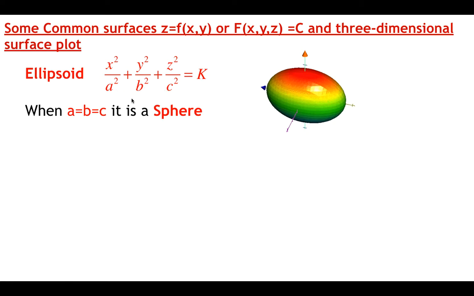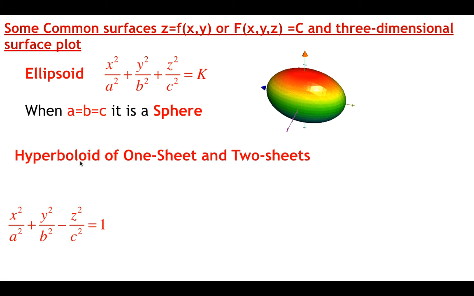The second is the hyperboloid of one sheet and two sheets. This is the hyperboloid of one sheet, which is x squared by a squared plus y squared by b squared minus z squared by c squared equal to 1. One of the variable coefficients is negative and the other two are positive.